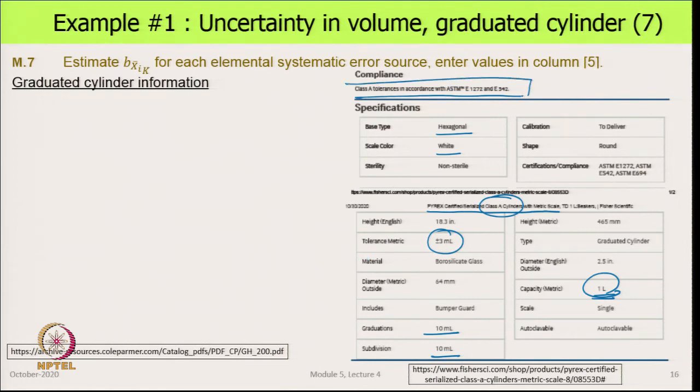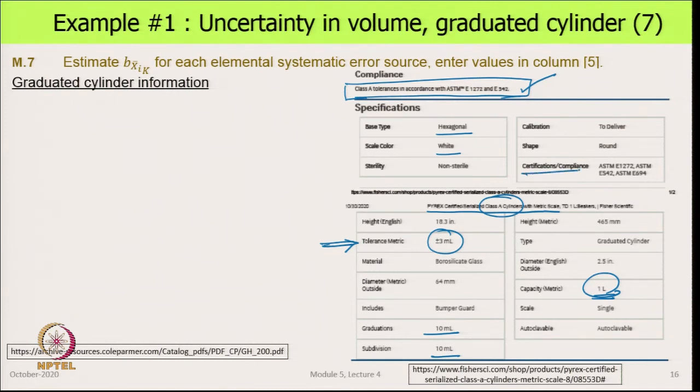So, this is what they are following, and we need to understand what this standard was all about. And this class A dictates this value, and of course, many more things that go with it.